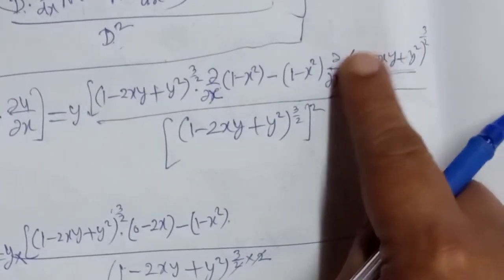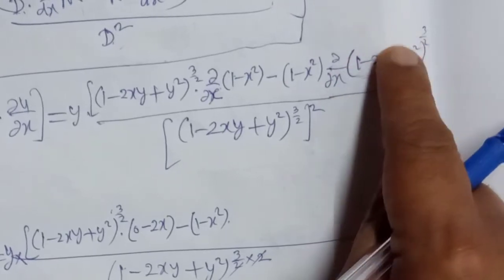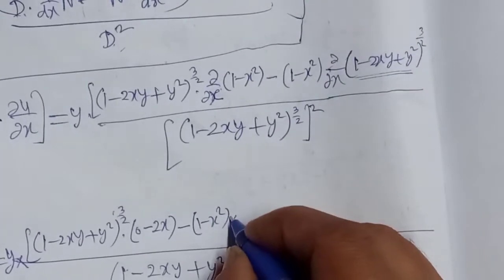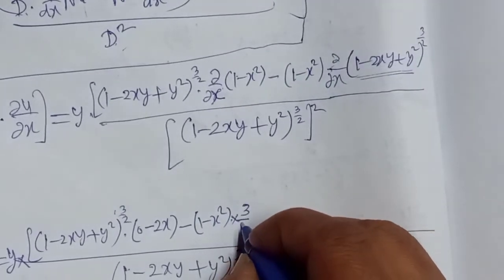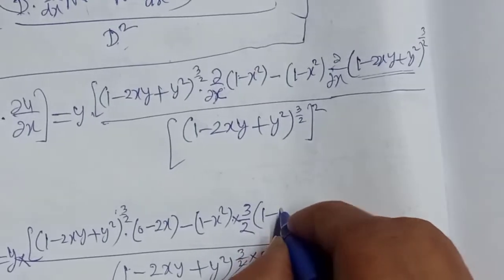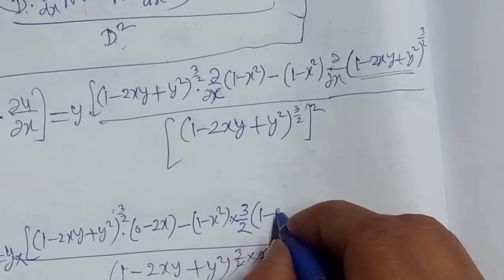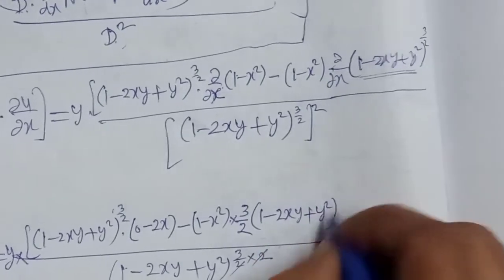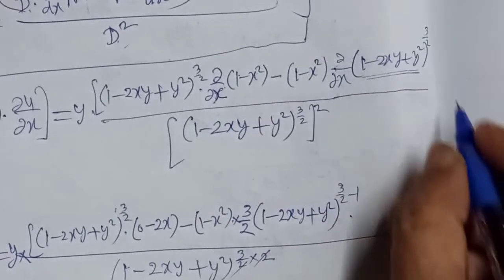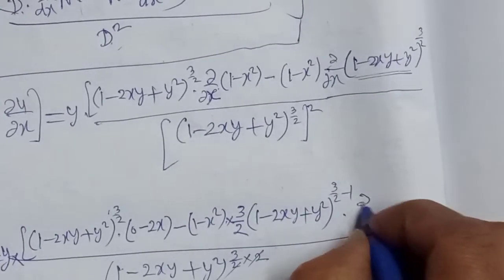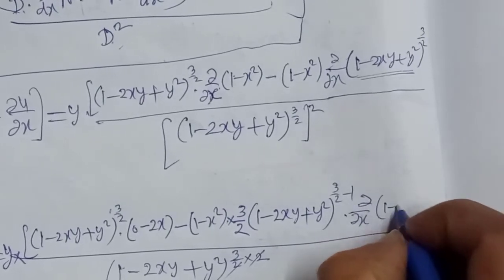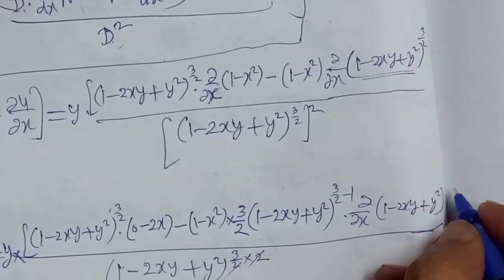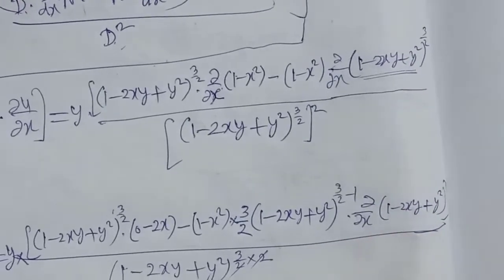You can use the direct formula here, because here the power is 3 by 2, so we repeat the process, and I apply the formula x to the power n minus 1 to 1 minus 2xy plus y square whole power 3 by 2 minus 1, but it is not x, so I differentiate it with respect to x. 1 minus 2xy plus y square, close bracket.